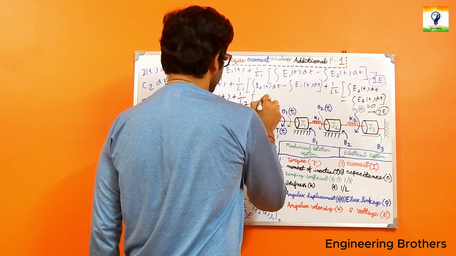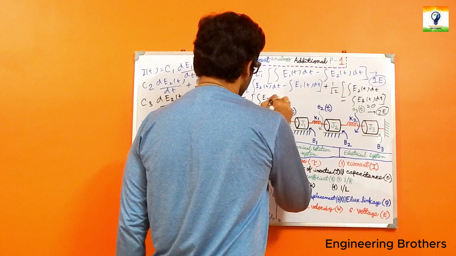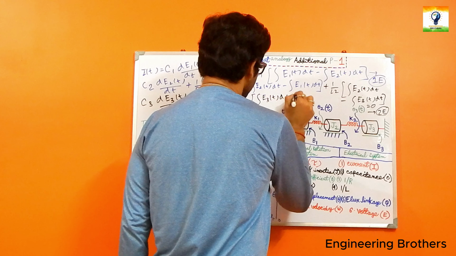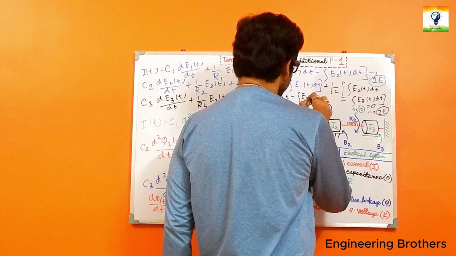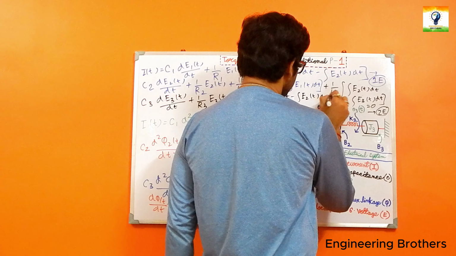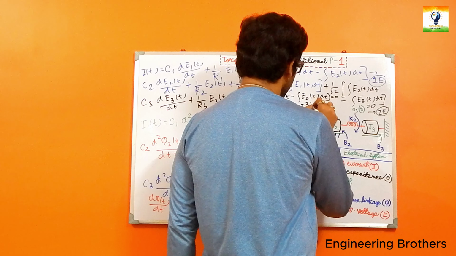So this will become the integration of E3(t) dt minus the integration of E2(t) dt. This will be equal to 0. So this is our equation 3e.